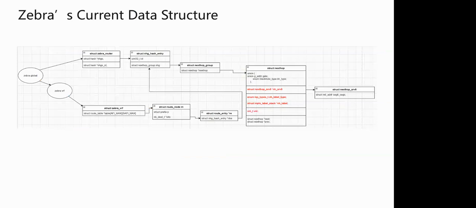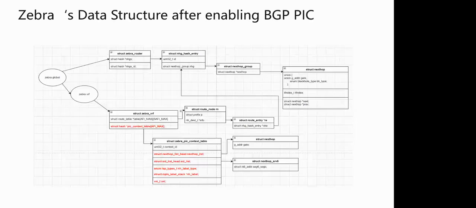So this is the current data structure design for routes in Zebra. The NH SRv6 label and VNI are stored in the next hop structure. We need to extract these fields and place them in the PIC context table. The modified data structure design is shown in this slide.